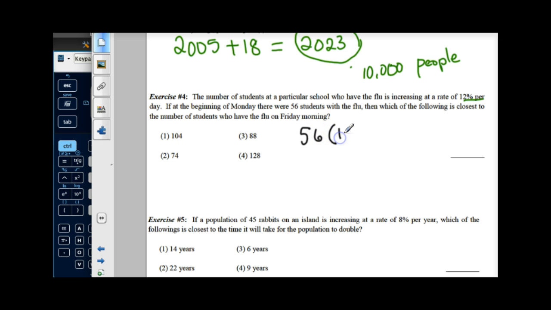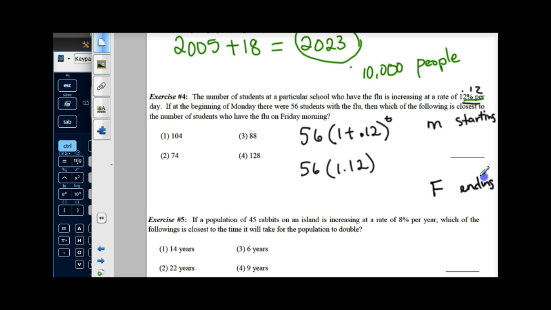It's going to be 1 plus 0.12 to the t, whatever you call it. Remember, 12% is 0.12, so this becomes 56 times 1.12.